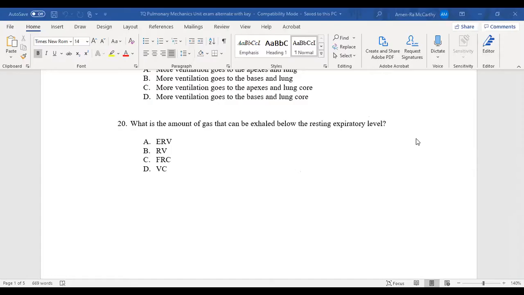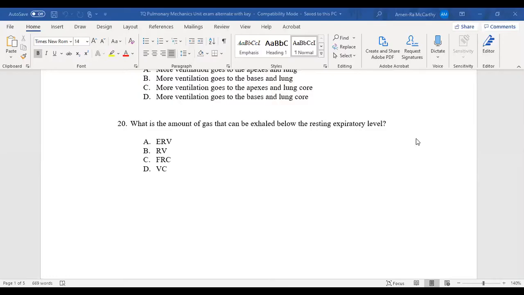Depending on how you feel like you did on those, whatever ones you missed, that's what you need to go and study a little bit harder on, okay? You have your test tomorrow. Also look at the wording, because like number 20 said, what's the amount of gas that can be exhaled below the resting expiratory level?